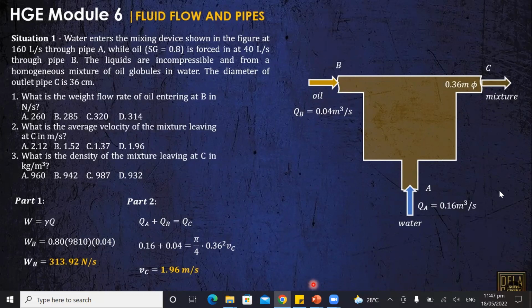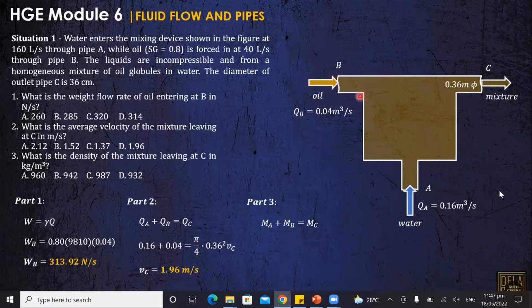We must use the mass flow rate formula because we have that as density times discharge. Right? So by that, we can say the general equation of the continuity, that is the mass flow. Mass flow dito must be equal to the mass flow yung lalabas. No? Mass flow at A, mass flow at B.